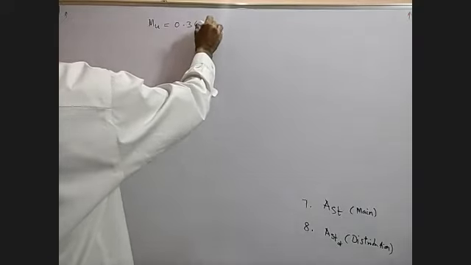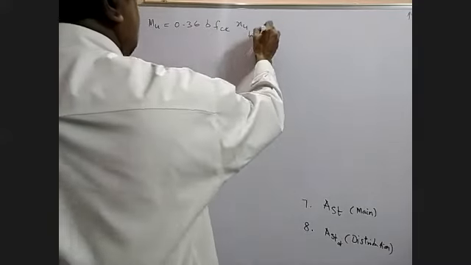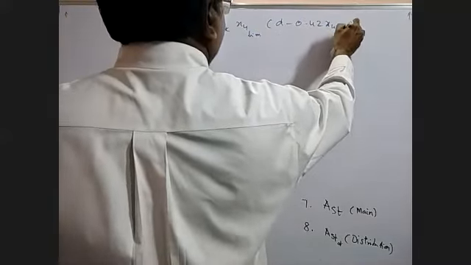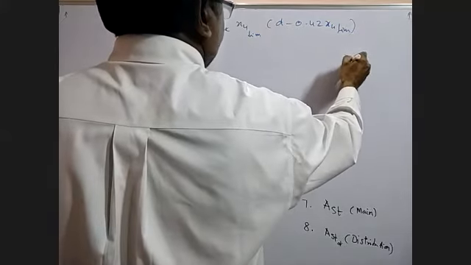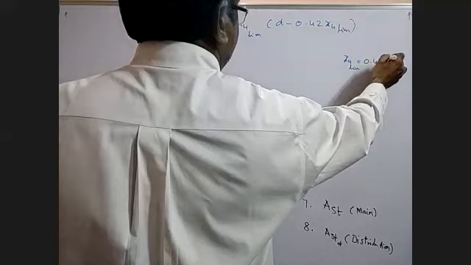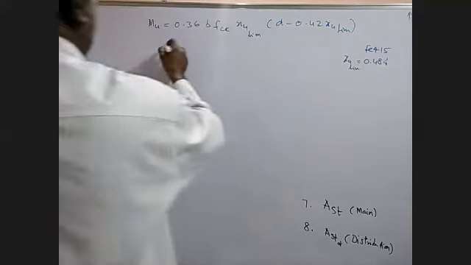0.36 into B into FCK into XU limit into (D minus 0.42 XU limit). Okay, XU limit for this value is 0.48 D. See, for FE 415. Now substitute the values here.